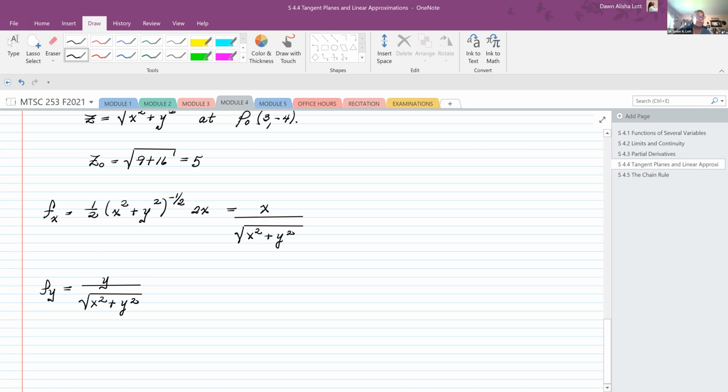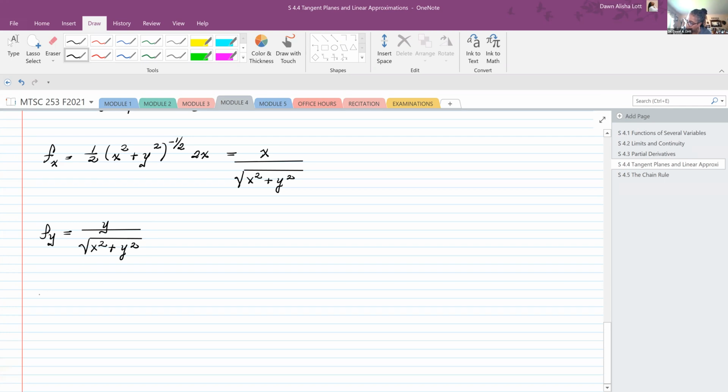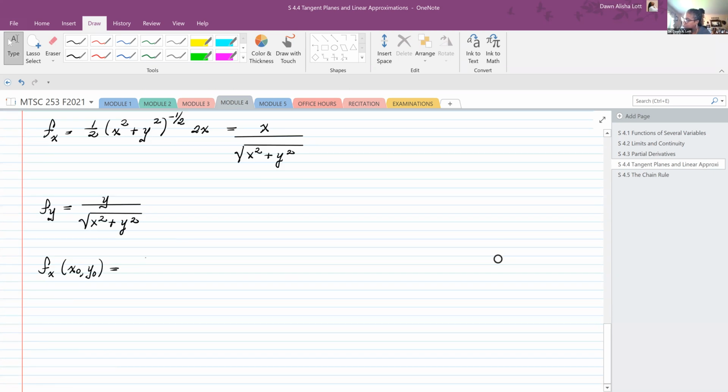So f sub x at x naught, y naught, x was 3, so that's 3 over 5. And f sub y at x naught, y naught is negative 4 over 5.